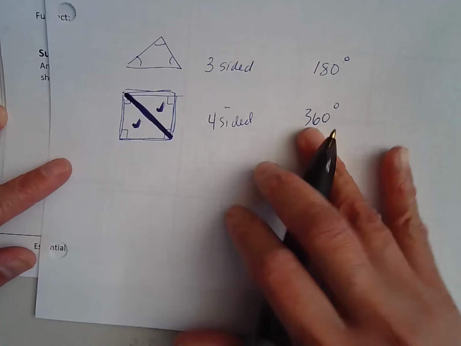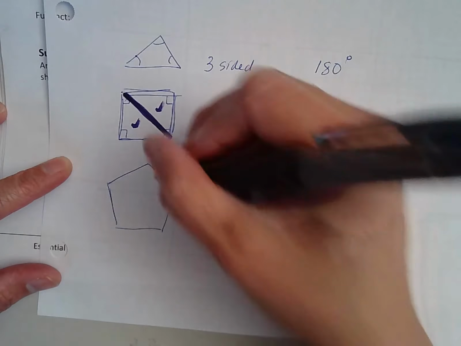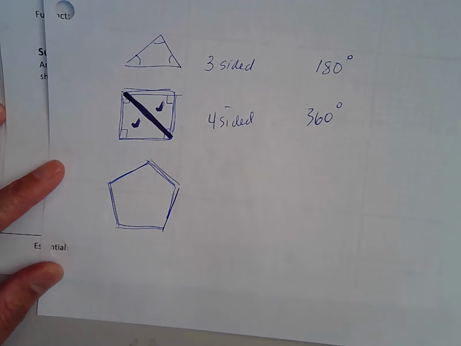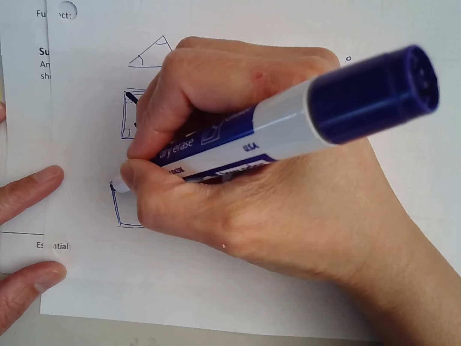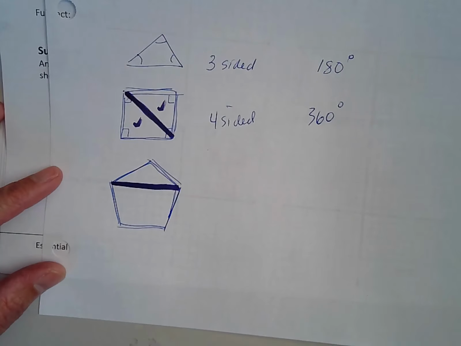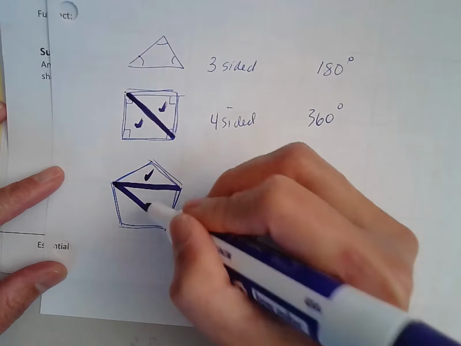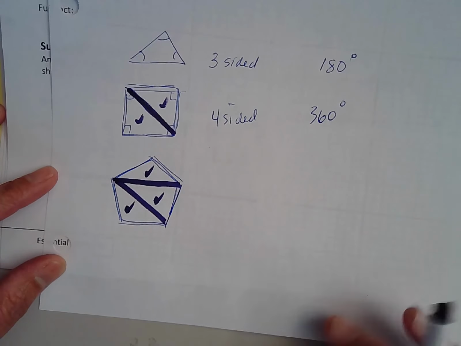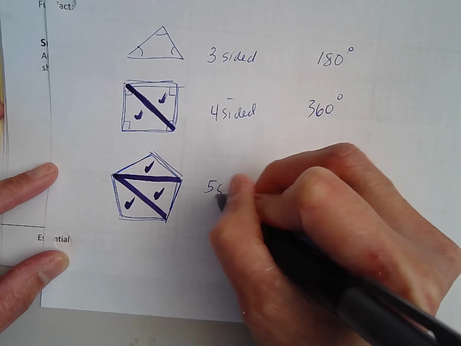Okay, now I'm going to draw a five-sided figure. Let's see if we can figure out some kind of rule in here. We know a triangle can make 180. So I can draw like this: one triangle, another triangle, and another triangle. What do you think that is going to be? 360 plus 180.